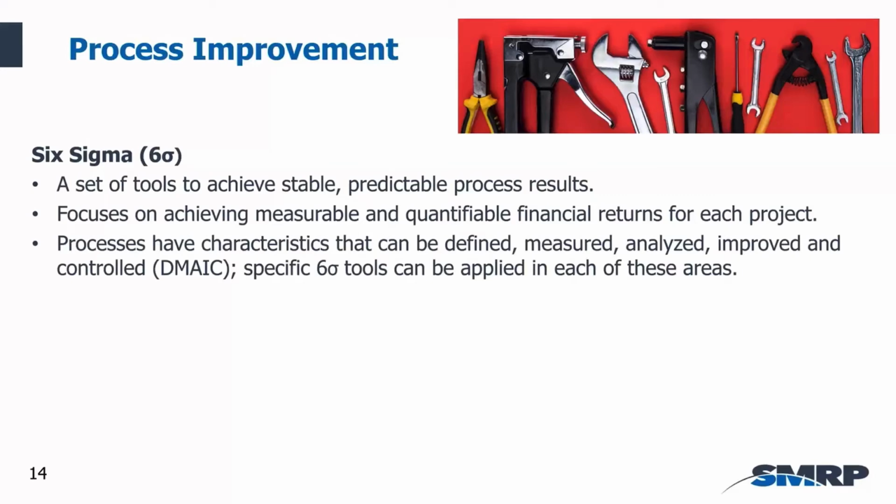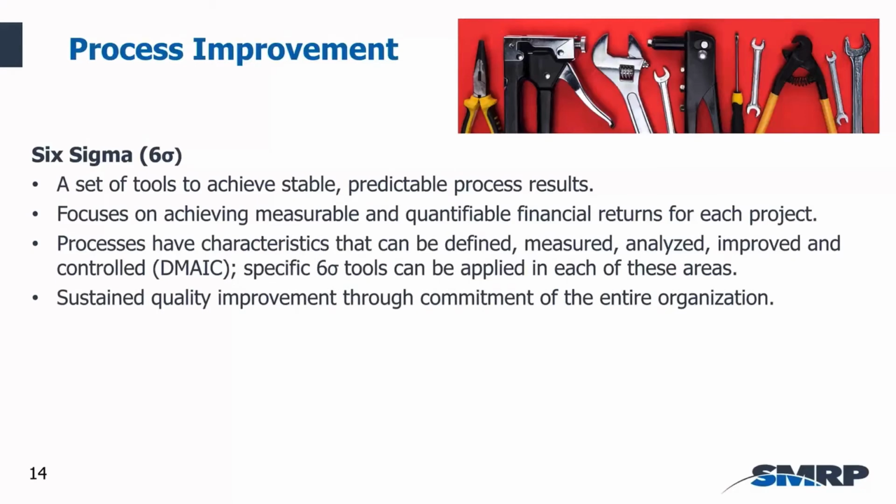And there are specific Six Sigma tools that are applied in each of these areas. So sustained quality improvement through commitment of the entire organization. And just so this puts it into perspective, what Six Sigma means is that we have only 3.4 defects per million units.